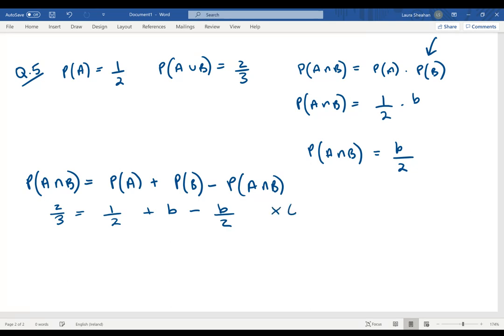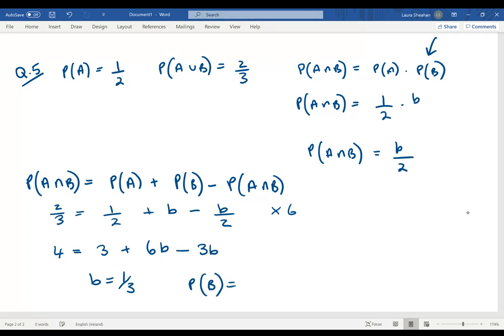Multiply across by 6 to get rid of the fraction. So 2/3 by 6 is 4. 1/2 by 6 is 3. Plus 6b minus 3b. And by simply solving this, you will find that b is equal to 1/3.